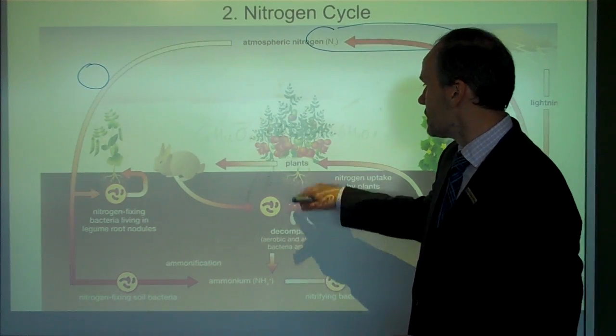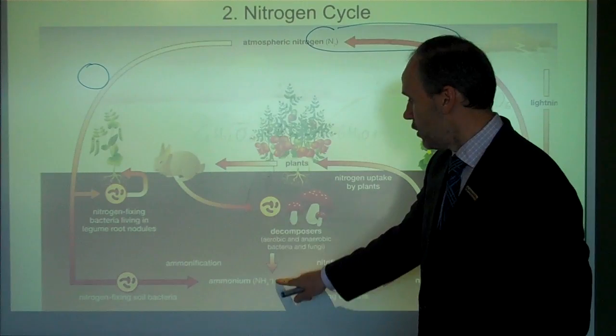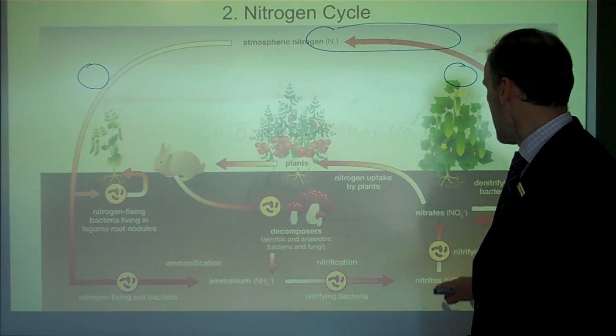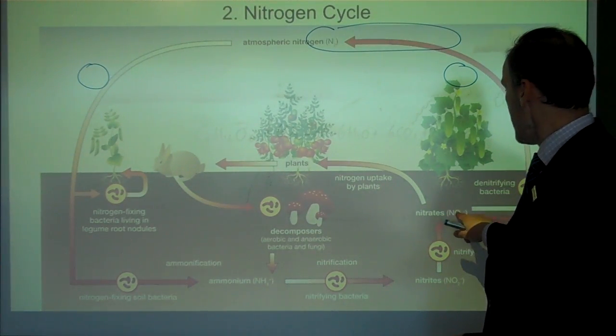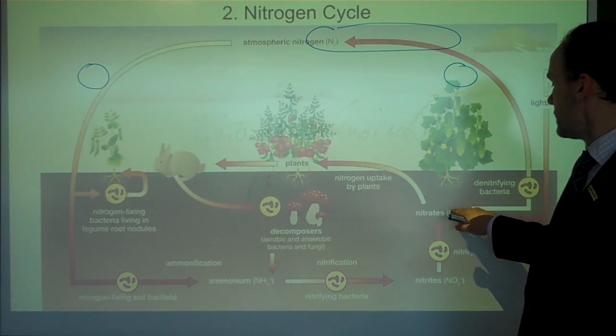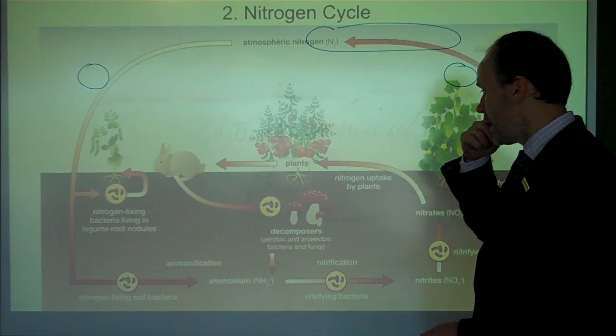And decomposers, if plant material or a dead animal, they get a hold of it, decomposes, they'll also put ammonia into the soil, which plants can use. So that's important. And then you've got your nitrates here, sorry, NO3-, as a nitrate, not a nitrite, a nitrate plants can use, and it goes from there.